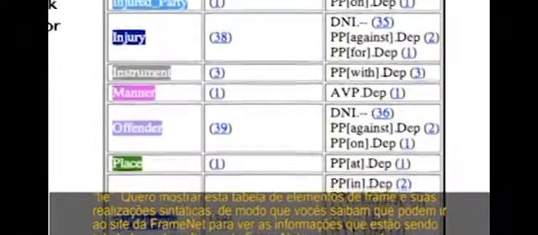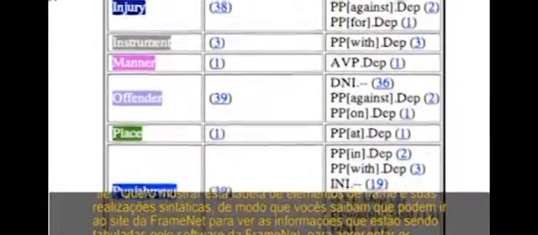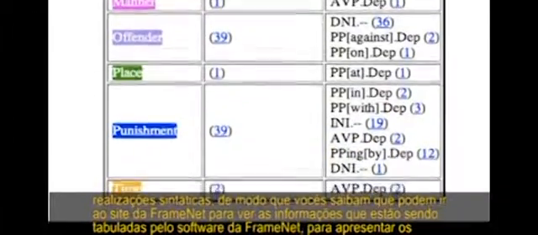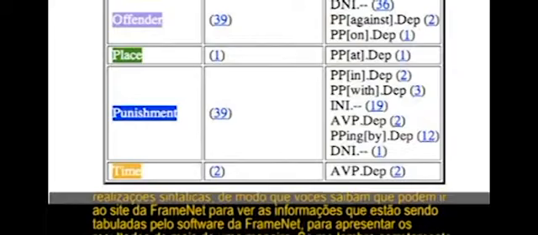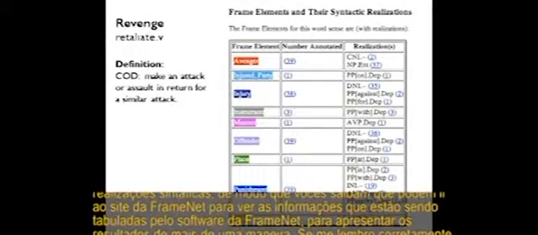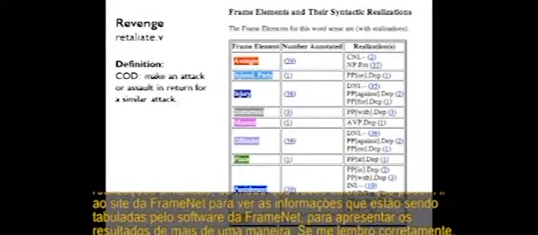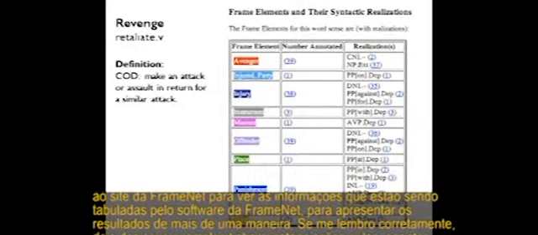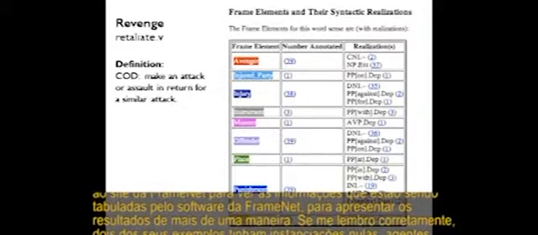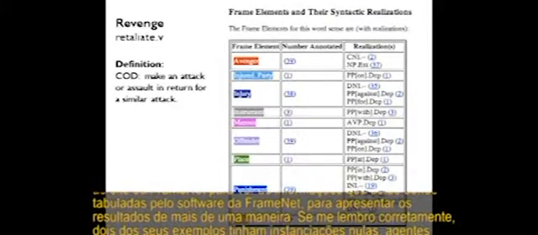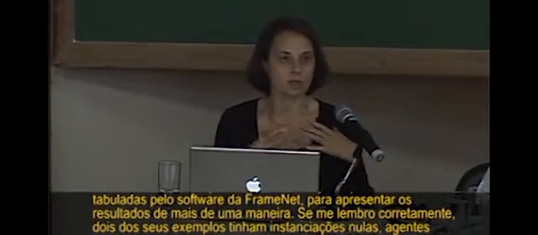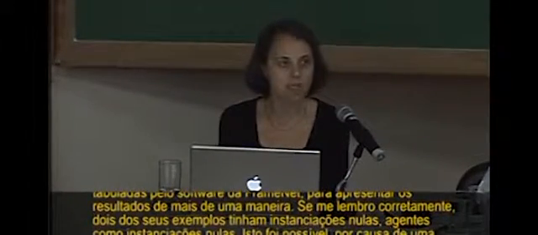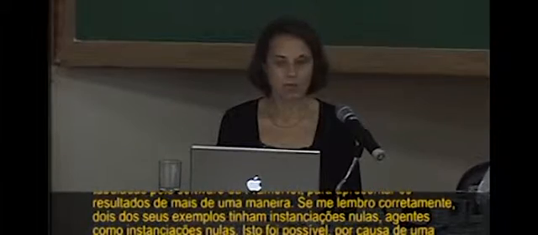I want to show you this table of frame elements and their syntactic realizations so that you know you can go to the FrameNet website and look at information that's been tabulated by the FrameNet software to present its results in more than one way, right?